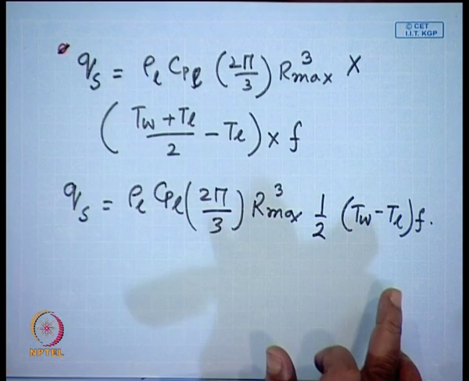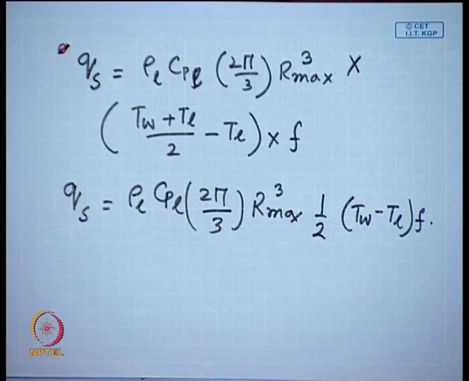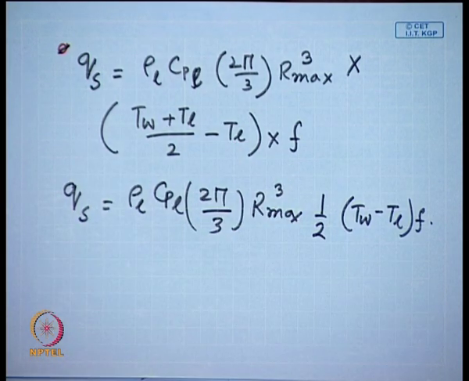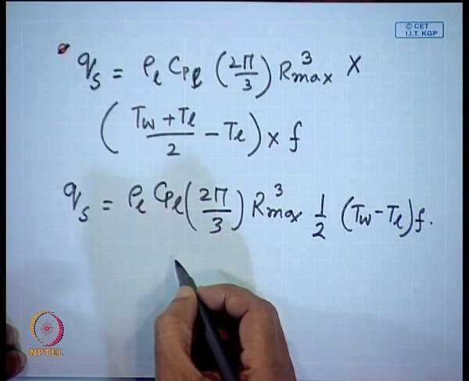Now, this gives the heat transport due to one bubble, as we have considered the volume of one bubble. If there are a number of bubbles, we get that from the number density of the nucleation sites.